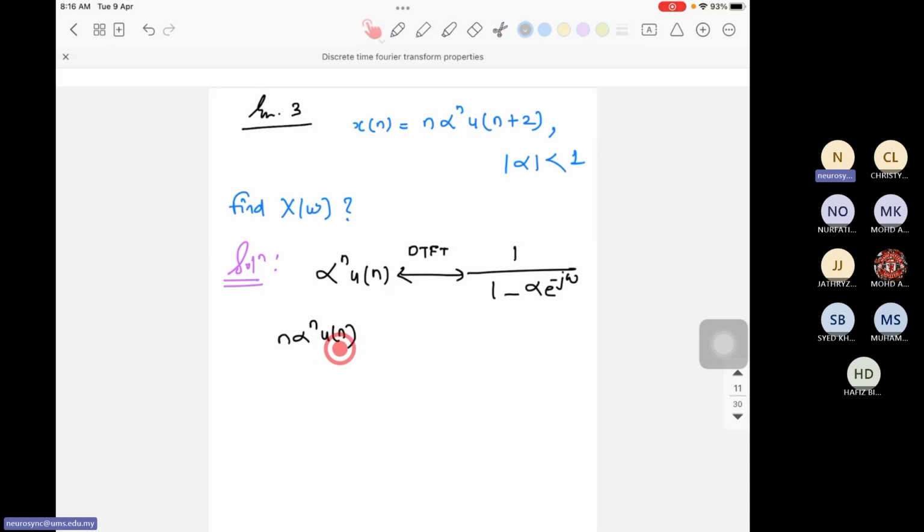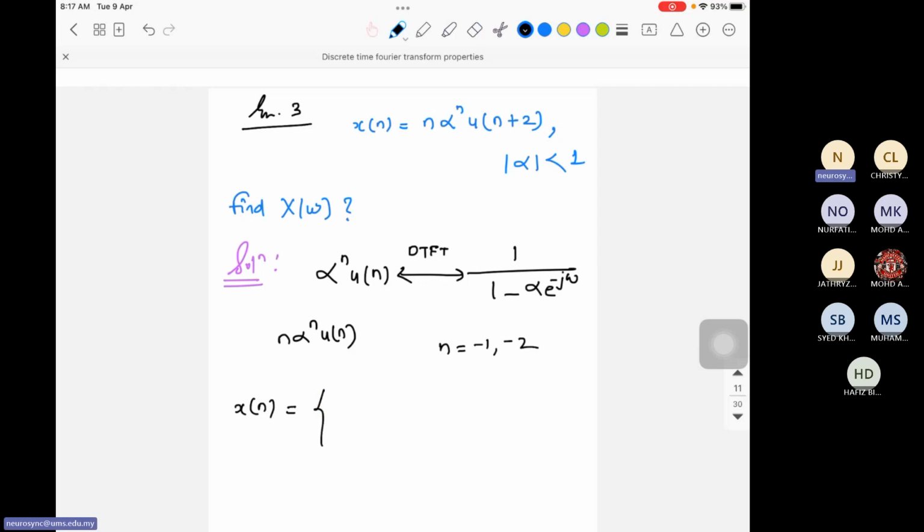So before u of n, we have two more values, that is n equal to minus 1 and minus 2. Then u of n, and that will continue. So the given x of n, I can split like this.